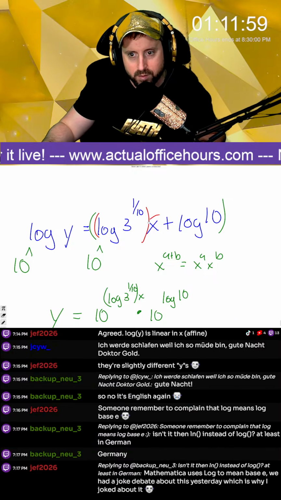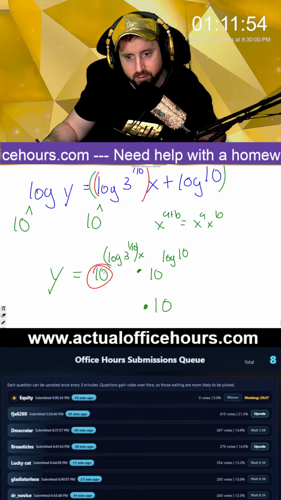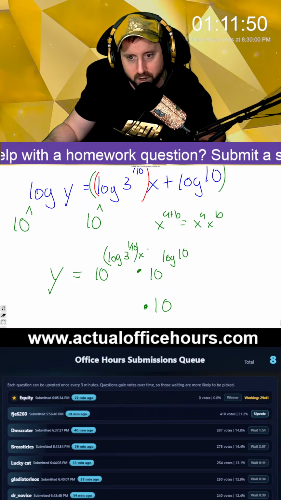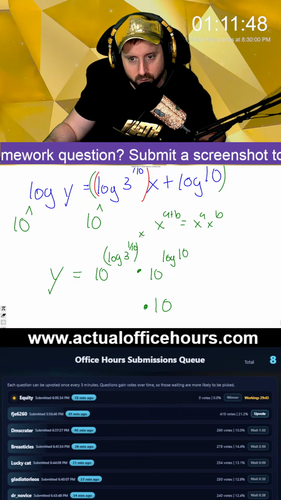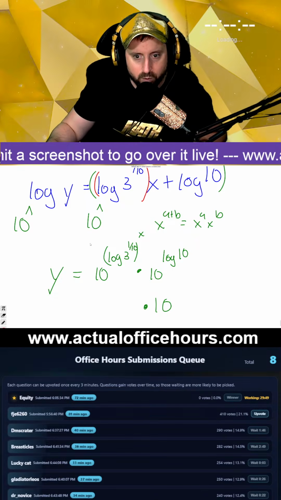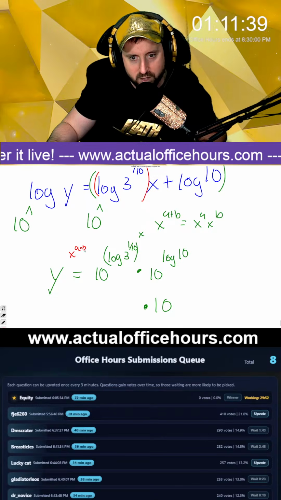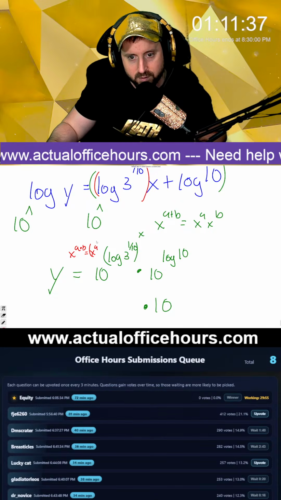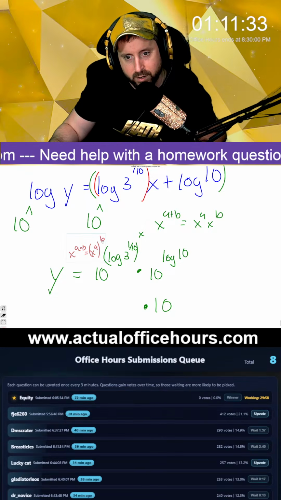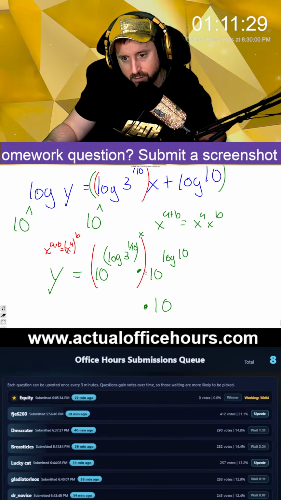The x is multiplying the log. So you have 10 to the something times something. And when you have two exponents multiplying by each other, you can take this exponent and put it up top. Okay? Because x to the a times b is the same thing as x to the a to the b. You gotta get a little bit careful with the parentheses, okay? Because then it's technically this.